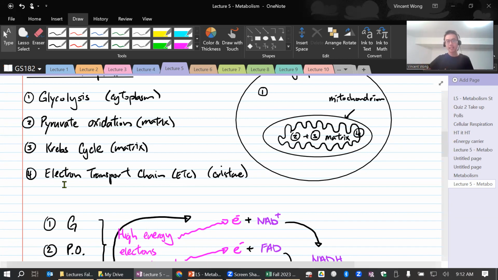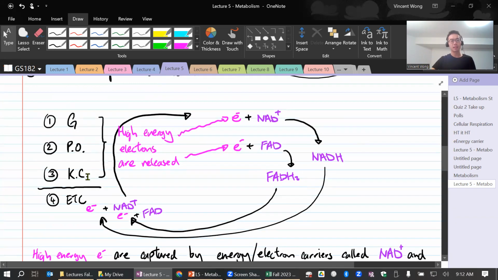It's not a one-step process, right? In each stage, there are multiple steps within. But the key thing to remember is that high energy electrons are released from the first 3 steps. These electrons need to be captured. We can't let them escape. We will lose a lot of energy if they escape.